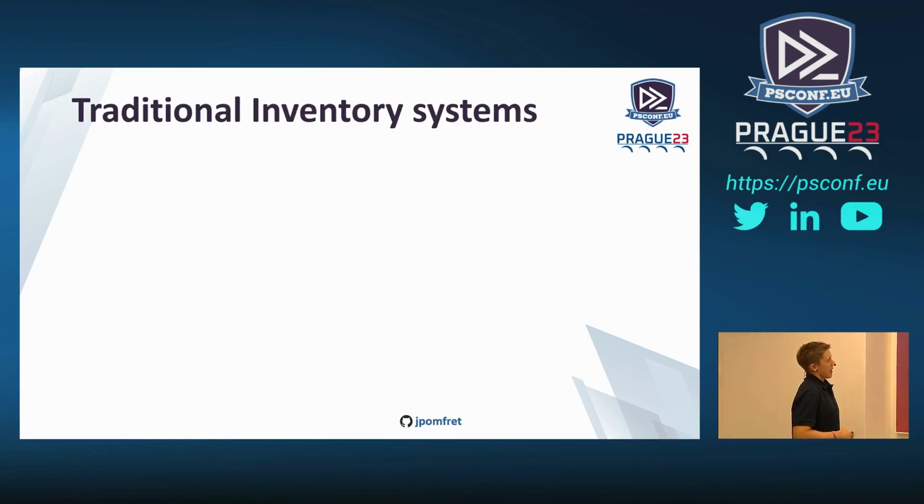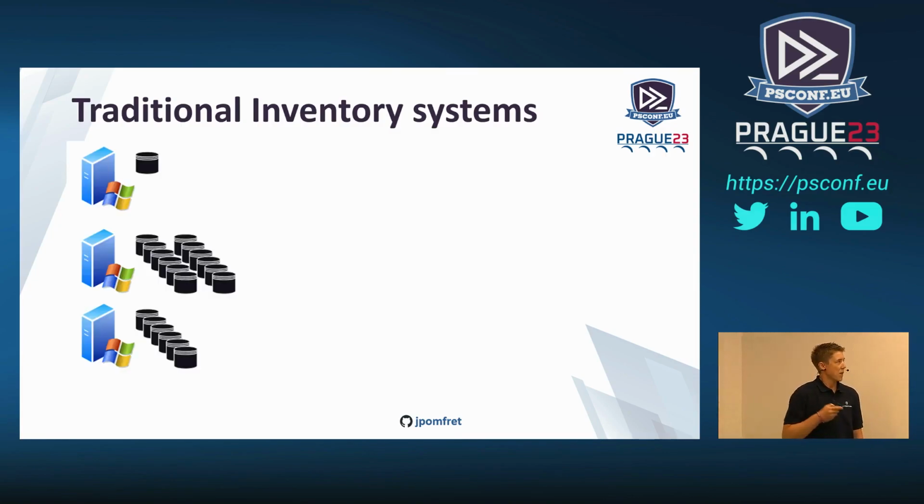And then I started thinking, I'm a database administrator by day, and so I love inventory systems, and I love keeping track of my estate. So I started thinking about how traditional inventory systems work. Usually, we have an estate of servers out there, right? Maybe they're not all Windows, maybe there's some Linux ones out there too. They have SQL instances, one, many, who knows? And then there's a bunch of databases on them.